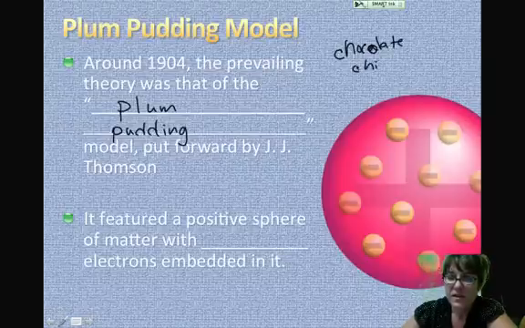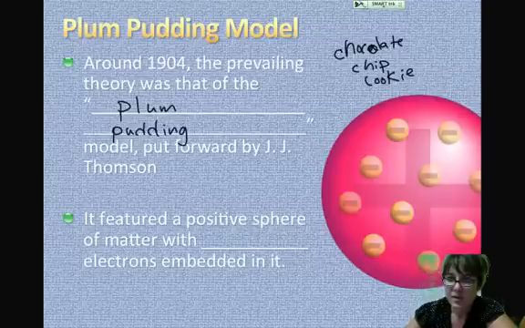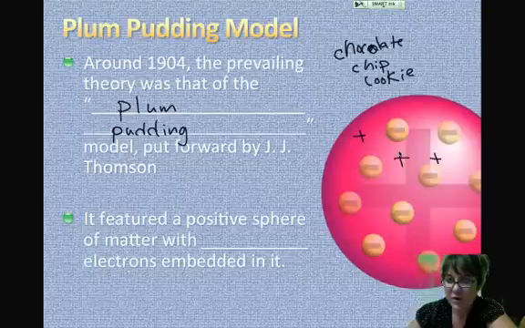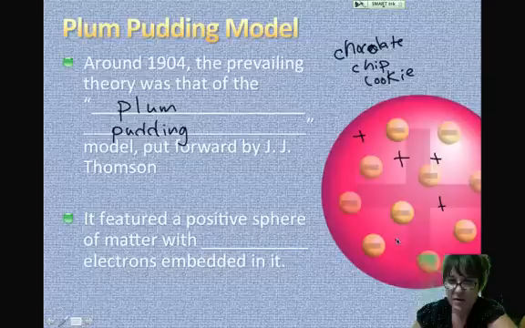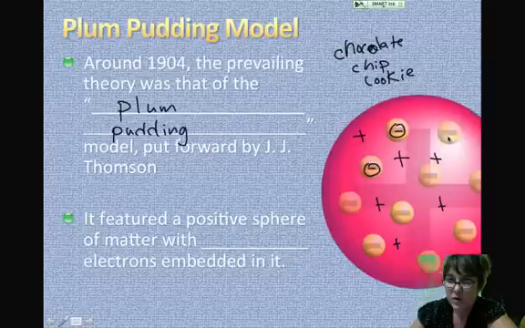Because the idea is that there's some positive charge in the atom, and it's just this blob of mush that's all positively charged. And then sprinkled through the atom would be these negative charges embedded in the mush of positive charge. So that was the first proposal about where these electrons might be located.